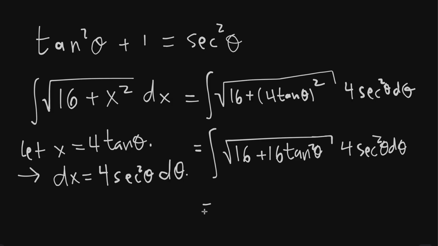Okay, so just like last time, we can factor the 16 out, take its square root, which gives us a 4, and we'll be left with the square root of 1 plus tan squared theta. But 1 plus tan squared theta is equal to secant squared, so we're going to employ that identity in the next step.